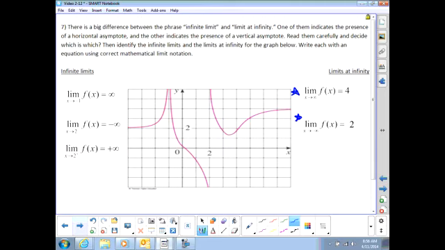Over on the left, we have cases when our limits at certain x values go to positive infinity or negative infinity. So infinite limits are where your function increases or decreases without bound, gets really huge or really huge negatives. Where limits at infinity are when you're looking to see, when your x's are getting close to infinity, what values are you approaching? And the graph in the middle just demonstrates these 5 cases that we have listed here.